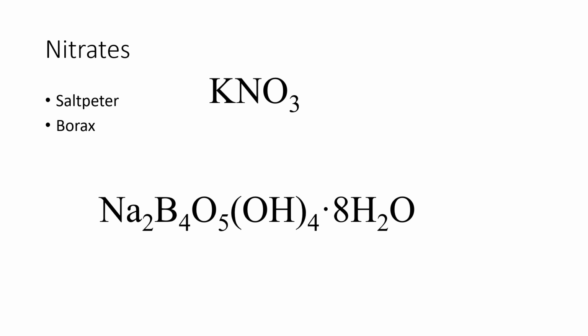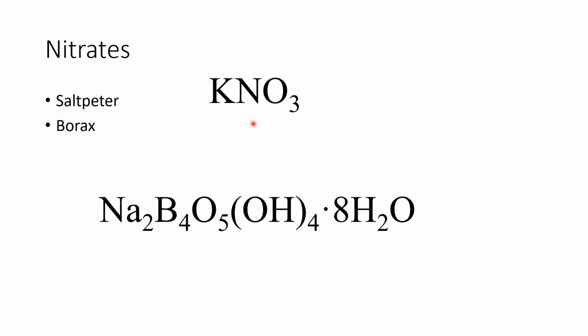The nitrates class, we can have a couple of different options here. I know that, well, we'll talk about the borax in a second. It doesn't actually have any nitrate in it, but it still counts as nitrate class. All right, so saltpeter does, KNO3, and if you've ever looked at gunpowder formulas or how we used to make gunpowder, the old black powder used a lot of saltpeter in it.